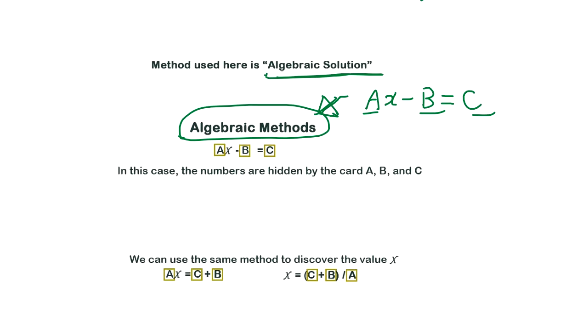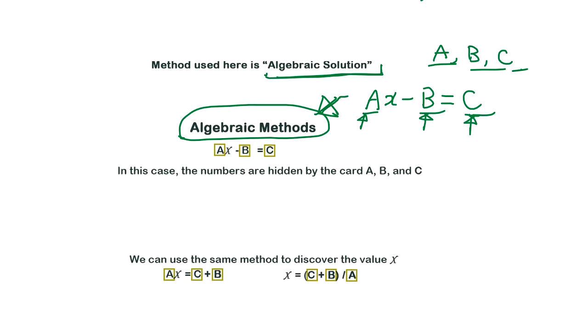Suddenly the numbers change to characters. Well, to tell you the truth, these are also unknown values. This is also an unknown value. This is also an unknown value. We've got 4 unknown values here in this equation. But a promise is made: I give you the values of a and b and c later.